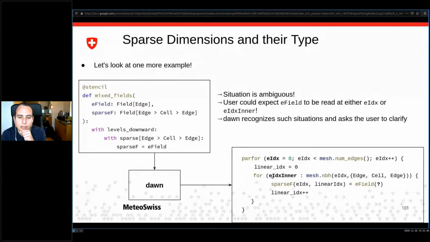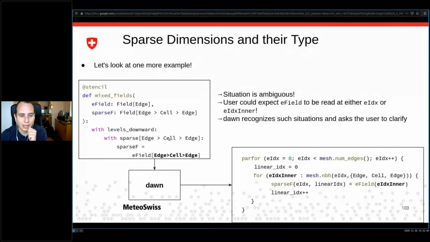So Dawn recognizes this, and it asks the user to clarify. So that's why we have this explicit horizontal offset concept. So if you want to have the outer index, you would just state edge, because that's the start type of this neighbor chain.